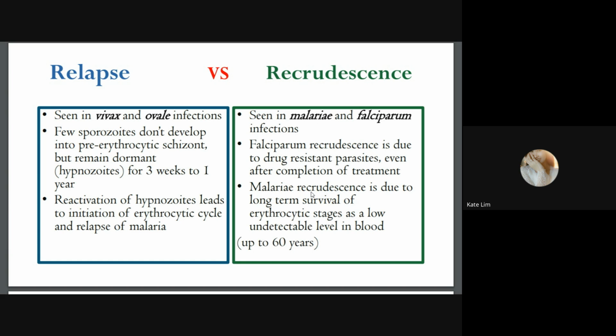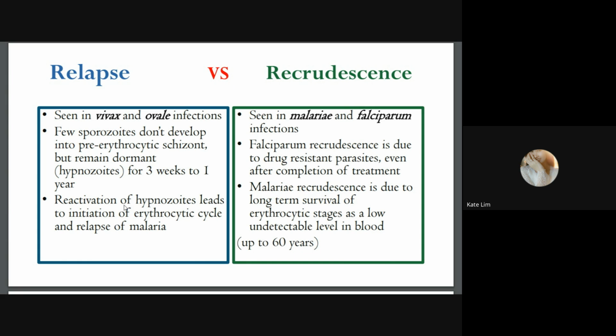These hypnozoites can remain dormant for anywhere from 3 weeks to 1 year. After this dormant period, the hypnozoites reactivate, triggering the erythrocytic cycle and causing a relapse of malaria. That is why it's relapse.